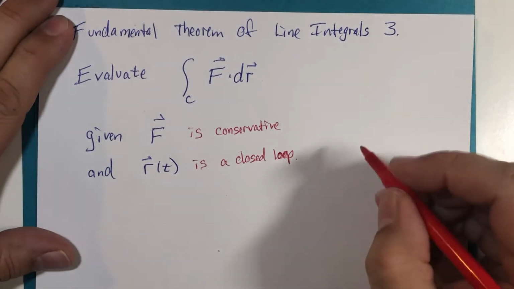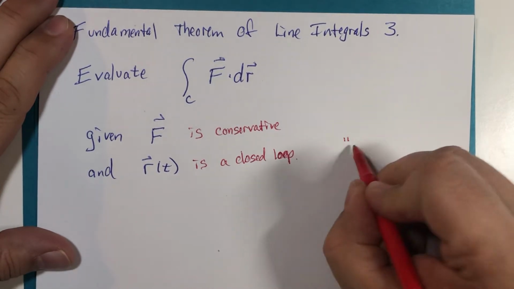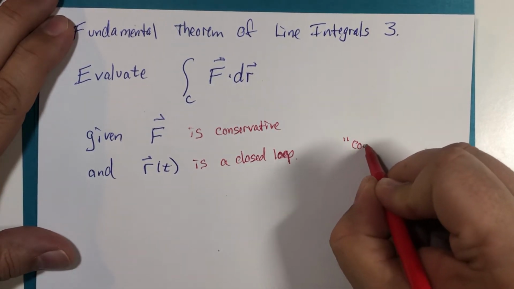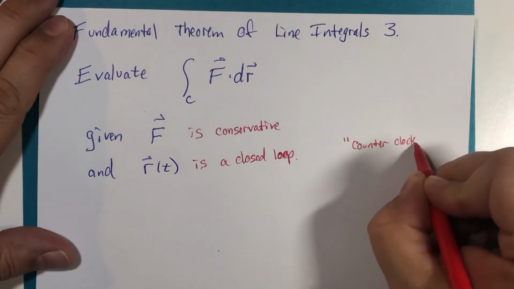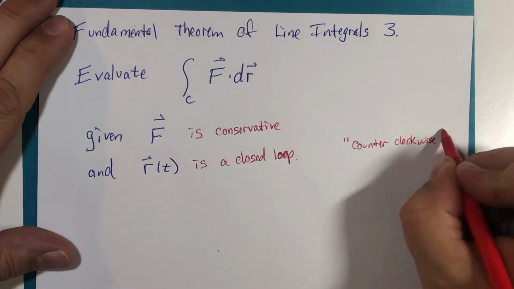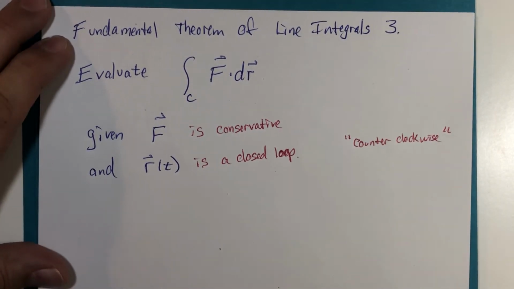So for physics people, we're going to want this to be in the counterclockwise order. But for the not physics people, let me just give you sort of a visual of what's going on here.